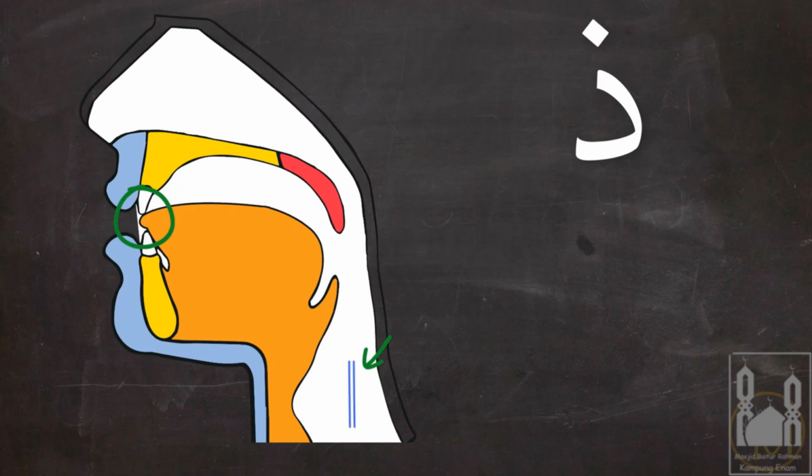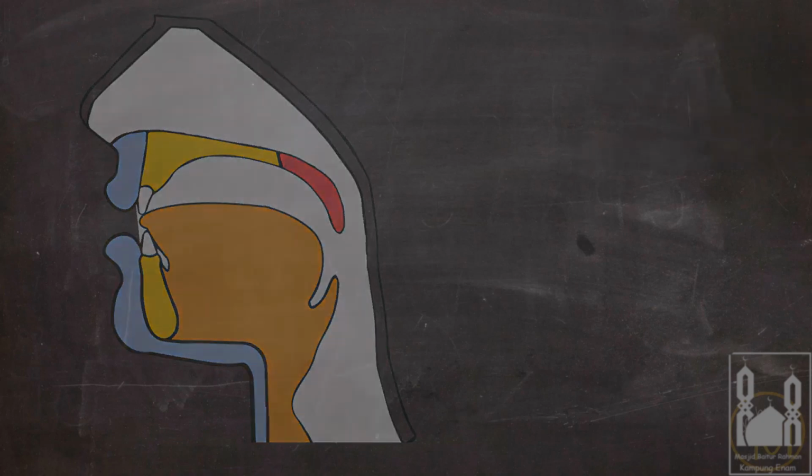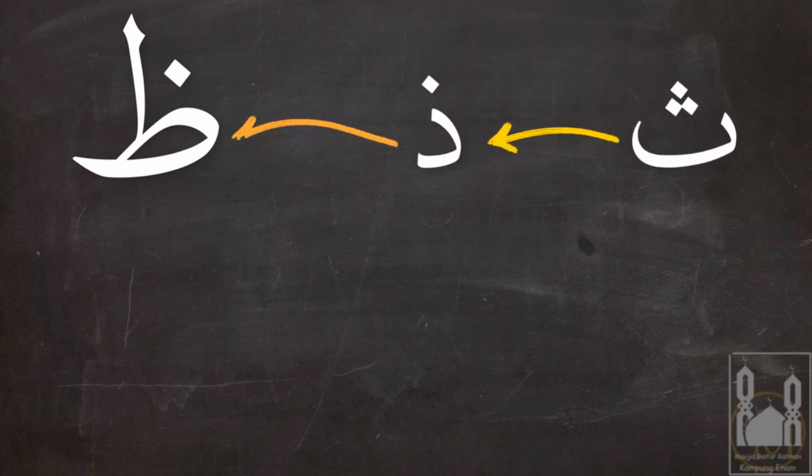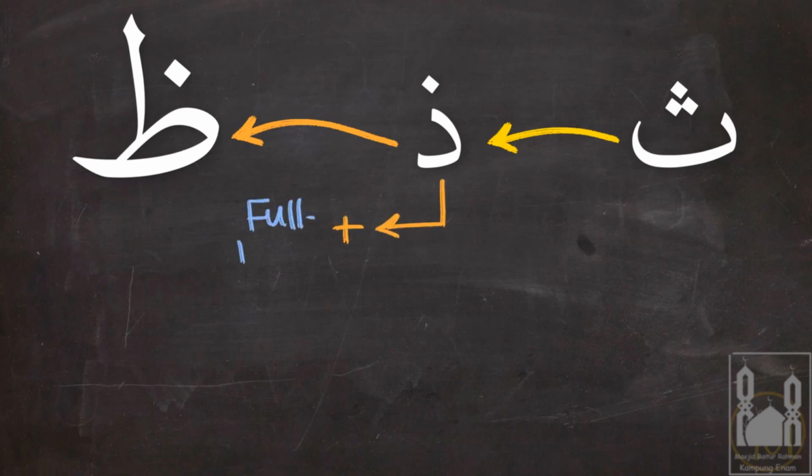Next is Dha. And if you learned these sounds in order, Dha should not be a problem whatsoever, because you're going to add one little detail to Dhal, which is the fact that Dha is the full mouth version of Dhal.